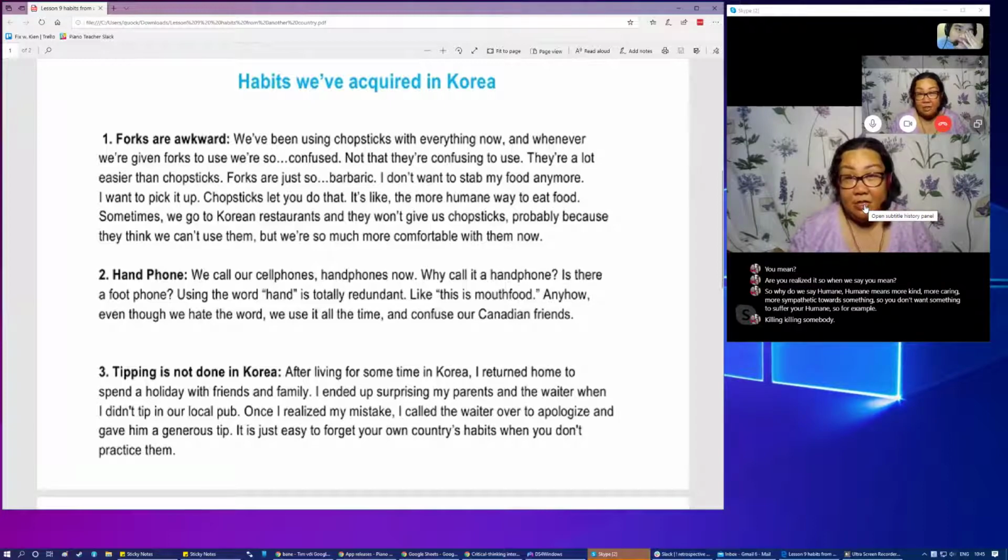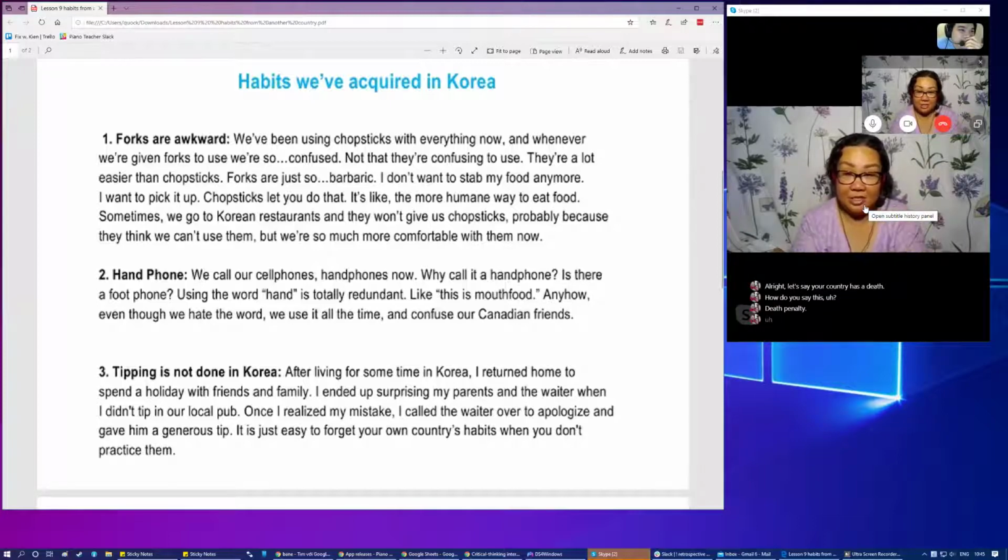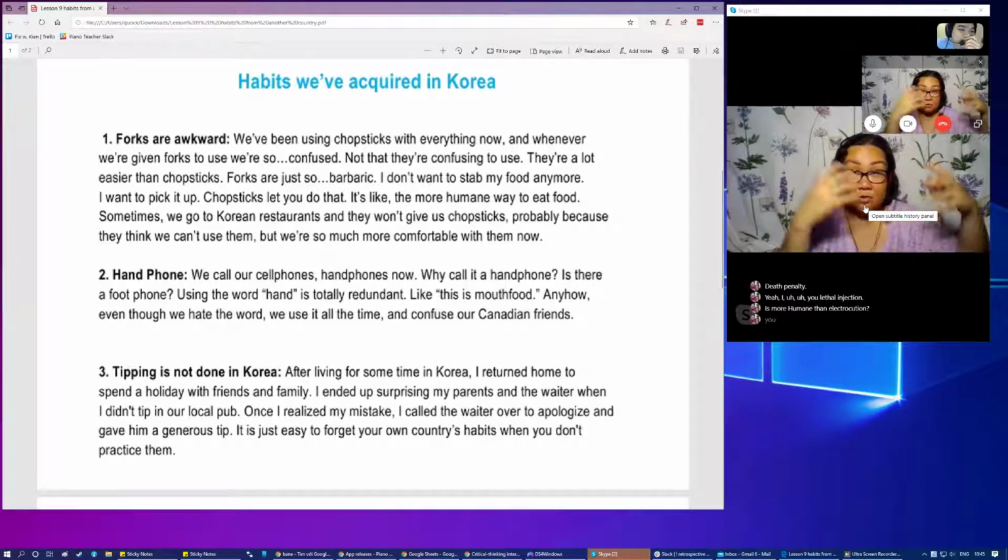Let's say your country has the death penalty. Lethal injection is more humane than electrocution. When you do lethal injection, you inject something to make the person paralyzed, and then eventually it kills the person.